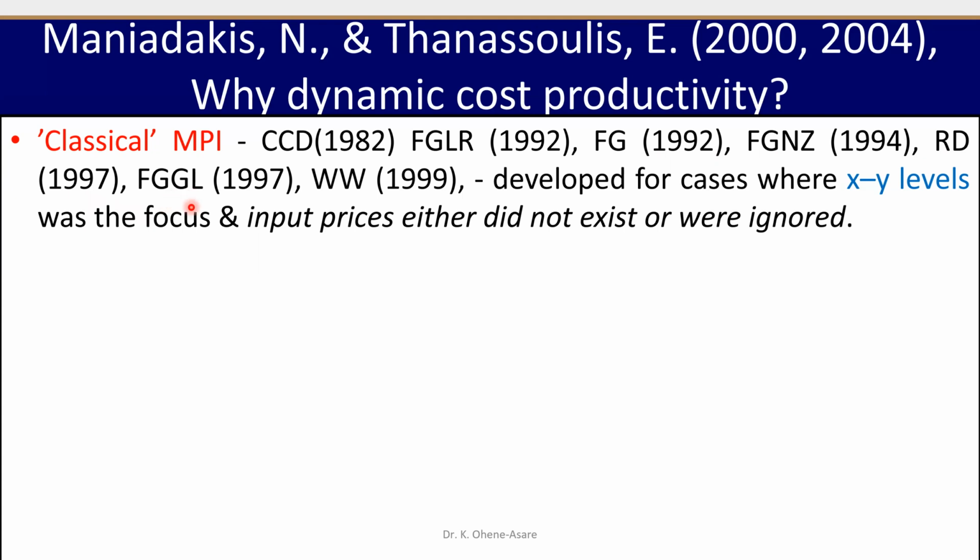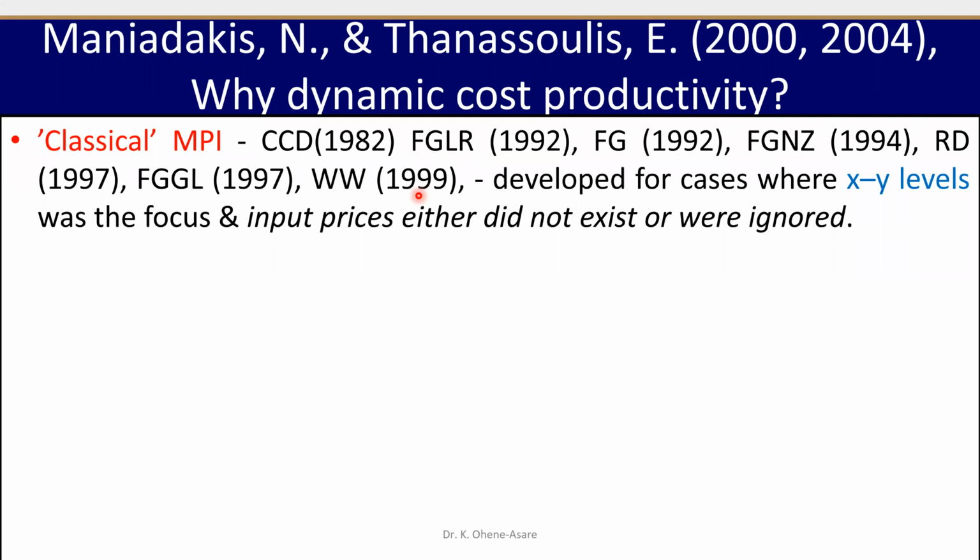So all of these people extended the usual Malmquist productivity index as we know it. Wheelock and Wilson did a four-part decomposition.